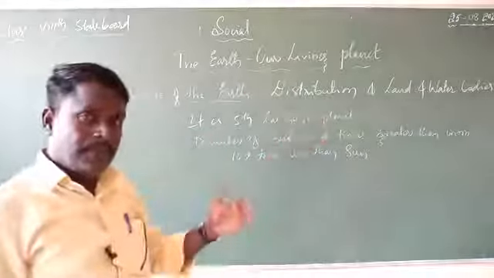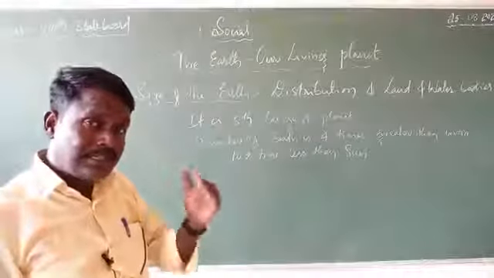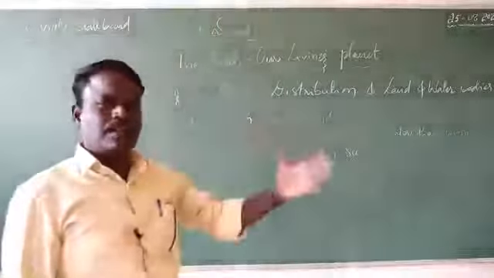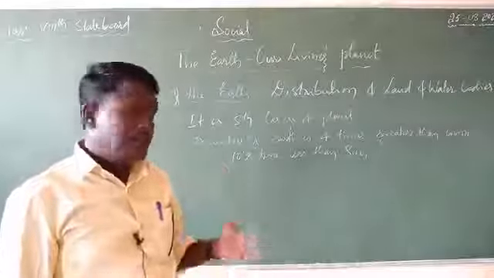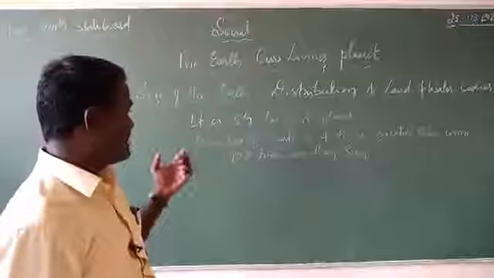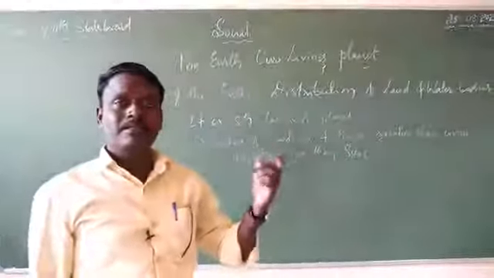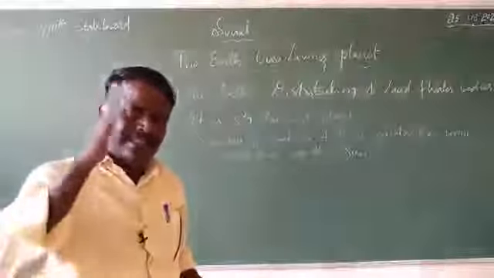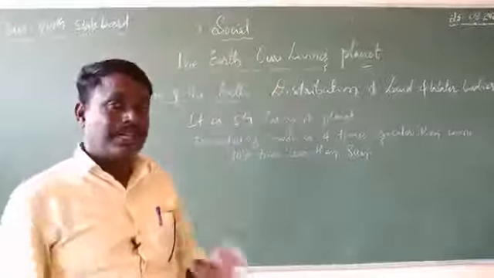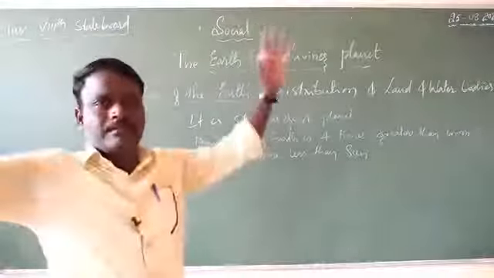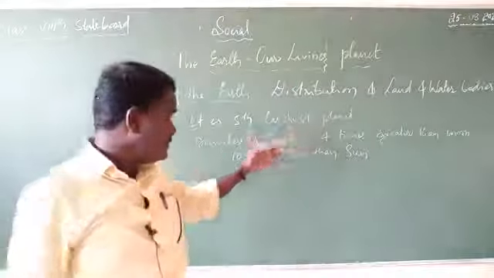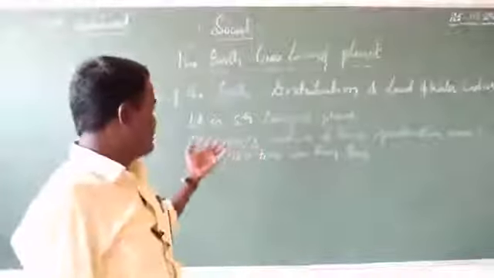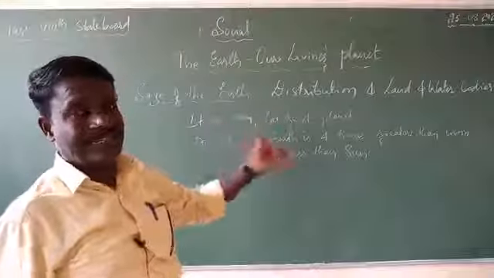When we compare the earth with the sun, the sun is known as the head of the solar family, and the sun's diameter is almost 107 times that of the earth. So you can easily understand how big the sun is. Earth is the fifth largest planet, and its diameter is 4 times greater than the moon.